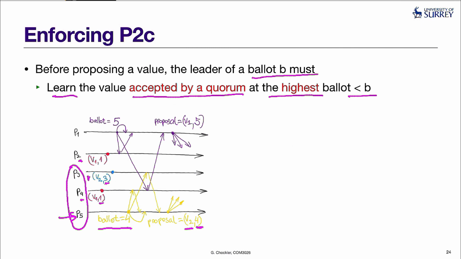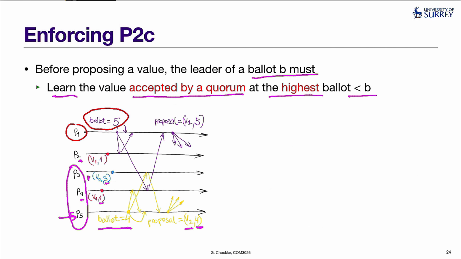Because, as you can see again in this example, there could be another process, P1 in this case, which concurrently with P5 initiates another ballot, ballot 5. And this could happen because omega can make mistakes for some limited time, and both P1 and P5 may think that they are leaders at the same time.